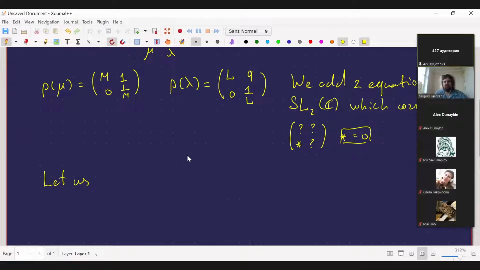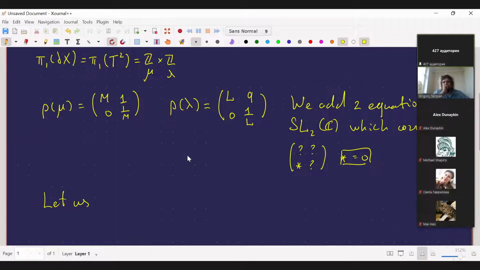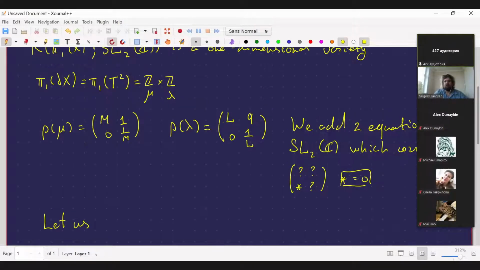So the fact that rho at mu and rho at lambda extend to a representation of pi1 of the complement imposes certain conditions, and this implies that between M, L, and Q there are some relations, so that the whole moduli space has dimension 1. Yes, that's precisely what I understand now.